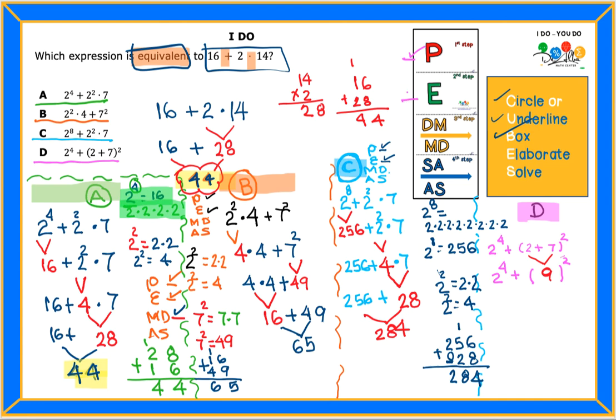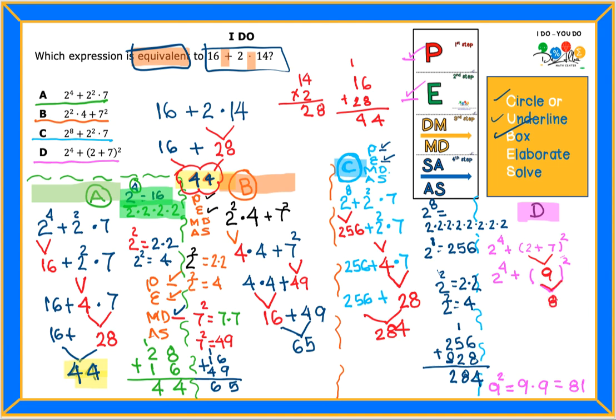So I'm going to work this out on the side. 9 to the power of 2 means 9 times 9. We repeat the 9 as many times as we have on the exponent. And 9 times 9 is 81. So when we work this out, we get 81.